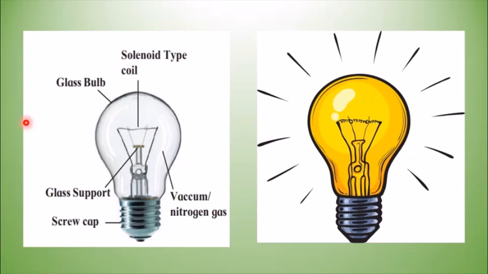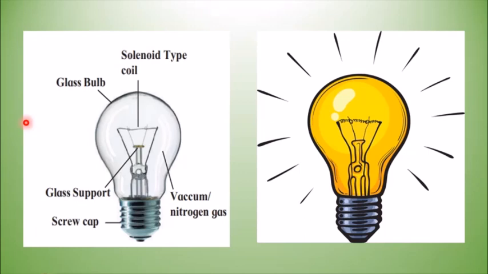Now, solenoid type, that is the coil which is used here. So here we always use tungsten metal, and this is done because its melting point is very high. So when a high amount of current is passed through it, it becomes red hot and starts to emit light without getting burned. And that is how the bulb glows, and also does not burn very easily.